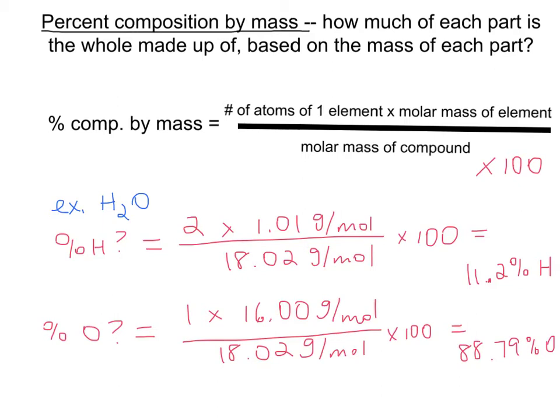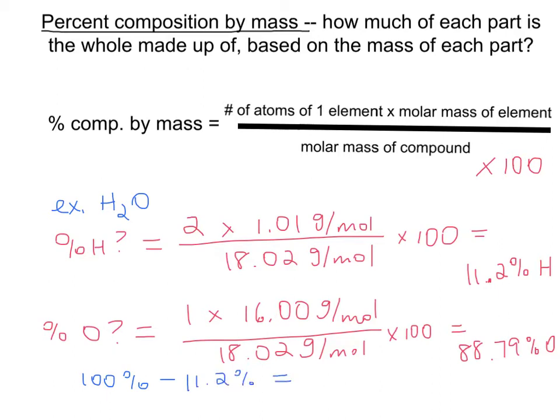Now, there are 2 ways to find that percent of oxygen. The way that I did it was I used this formula from up above. Now, let's think of the other way to do it. Water contains only 2 things, oxygen and hydrogen. I already found out the percent hydrogen. So the other way to find the percent of oxygen is to take 100% and then subtract the percent of hydrogen, which is 11.2%.